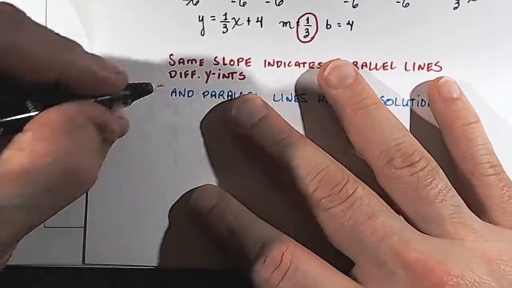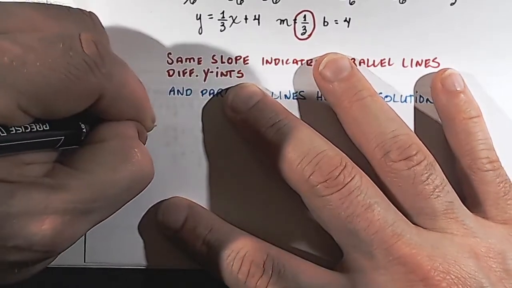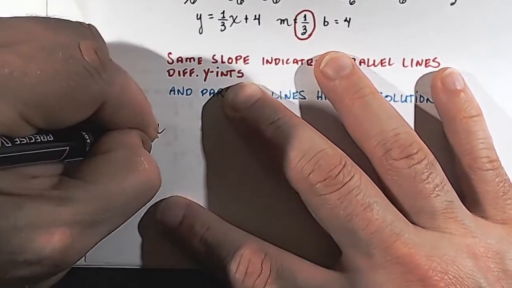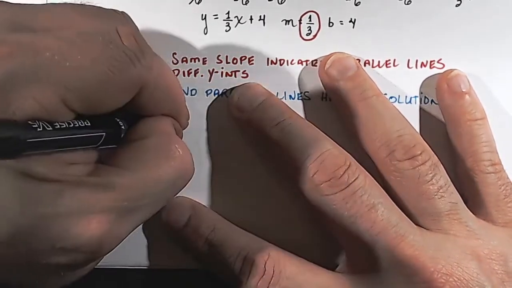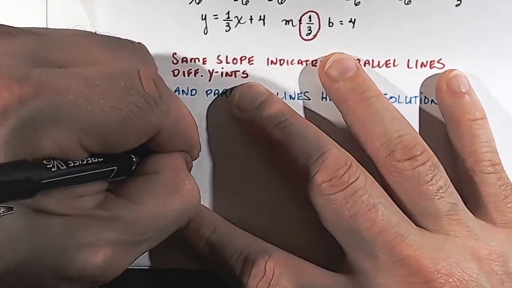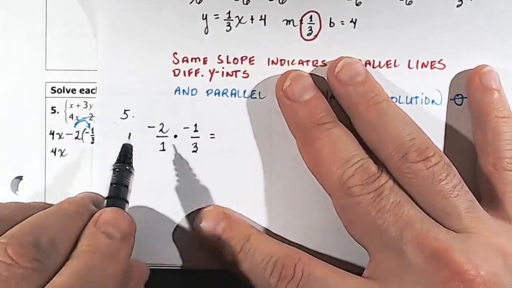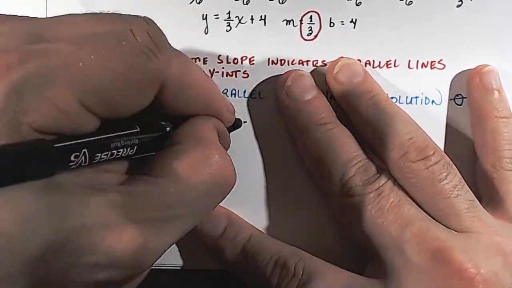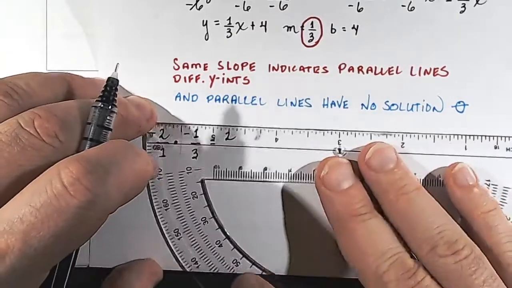Okay, this is side work for number 5. Negative 2 over 1 times negative 1 over 3. Okay? So we just multiply across the top and across the bottom. Negative 2 times negative 1 is positive 2, and 1 times 3 is 3.